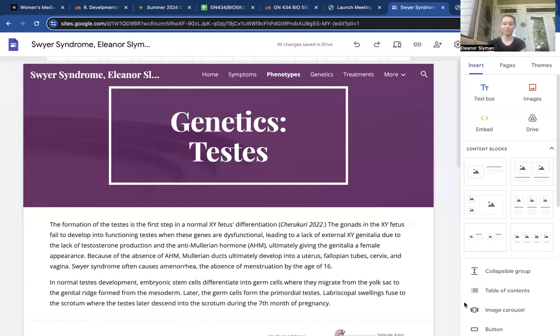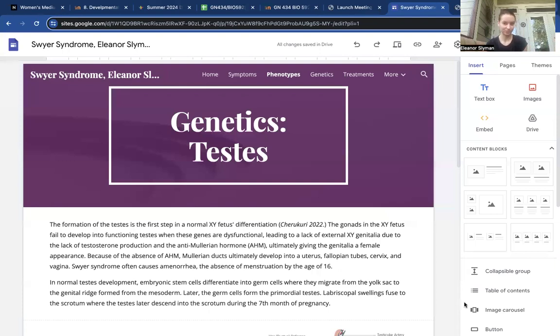So I also really wanted to cover what happens to be the testes. They happen to be the main part of the genetics. Most of the genetic causes of Swyer syndrome have to do with the testes. I have research included on this slide, information about the anti-Mullerian hormone or AMH.